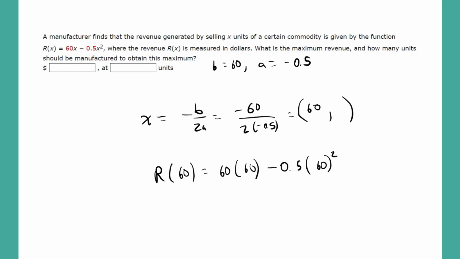Let's see what that is. I'm getting 1,800, which represents dollars, and that is going to do it. So this would be the dollar amount, and this is the units sold. So they sold 60 units, and they made $1,800 maximum. That concludes this section.